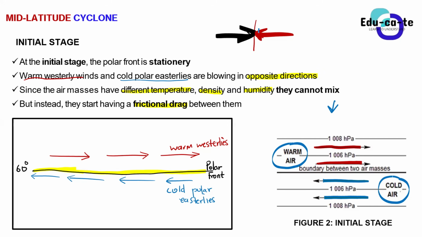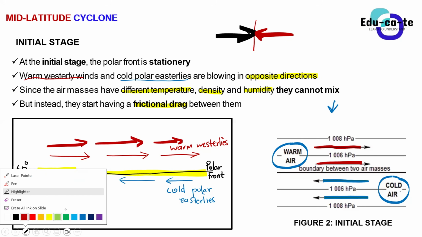In case they ask you to describe the initial stage, that is when you have to explain that during the initial stage, the polar front is just stationary. It is just a line that is just standing still, a line that is not moving. On one side of the line, we have got a warm air mass, which is the warm westerlies.